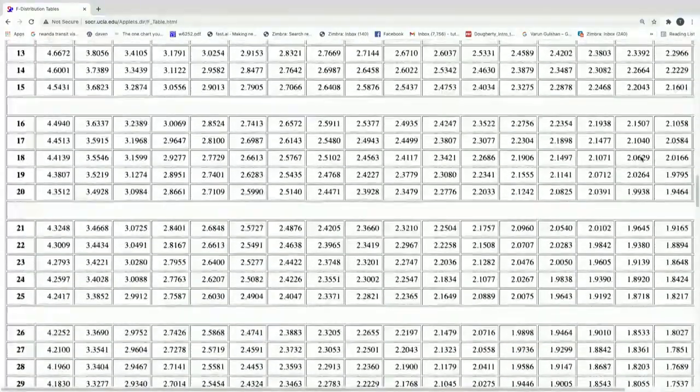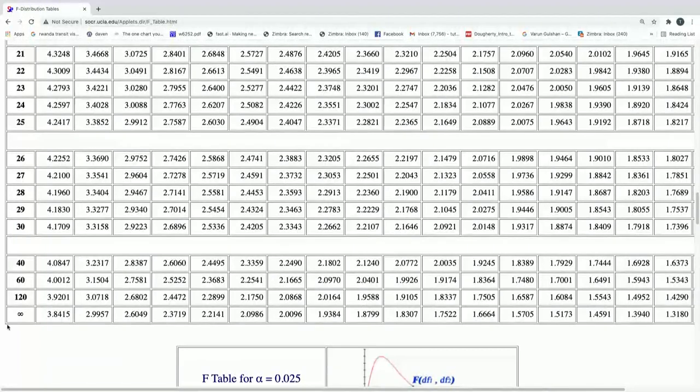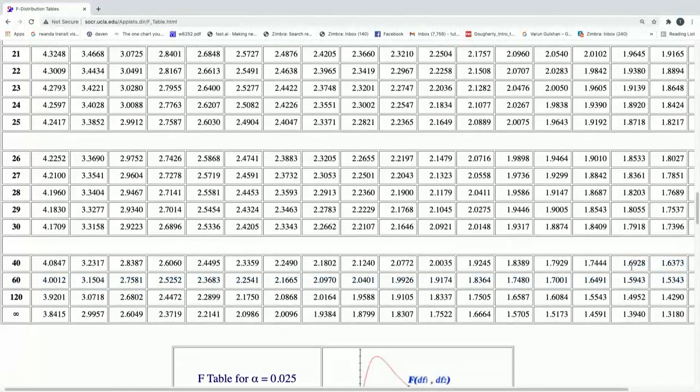And here also I'll see that we don't have an exact value for 49, but we have the value for 40 and 60. So basically our F statistic would lie somewhere in between these values. So this is for 40 and 60, so ours could be in between these two. So 1.69 and 1.63, so let's say it is going to be 1.65.